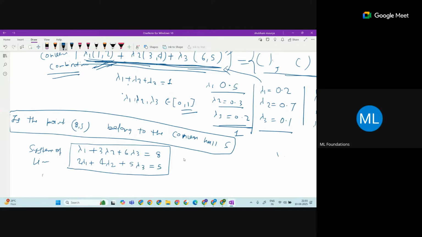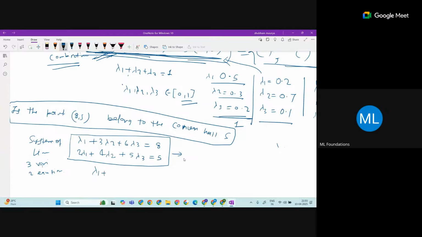But here you have 3 variables and 2 equations. If this system has a solution, there are also constraints on lambda 1, lambda 2, lambda 3. Another equation is lambda 1 plus lambda 2 plus lambda 3 is equal to 1.